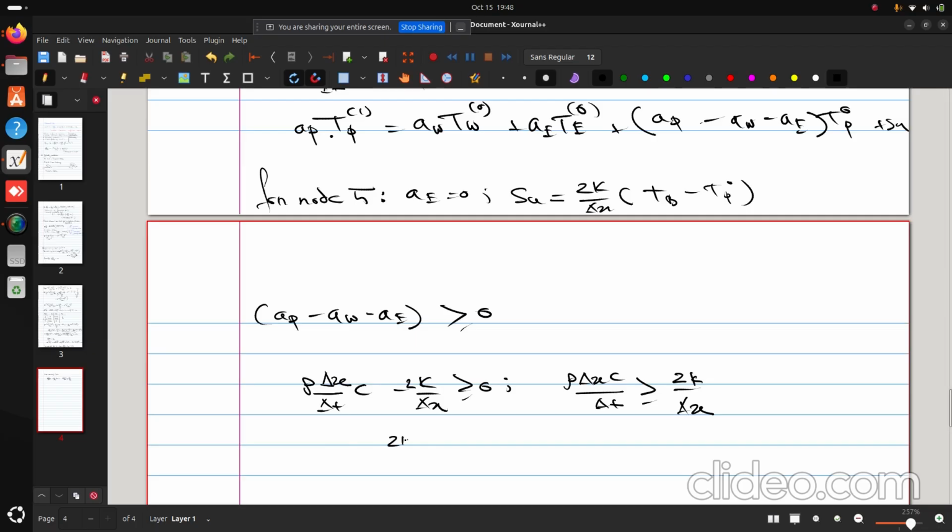So we'll take delta t to the right hand side, so delta t should be less than or equal to rho delta x whole square c by 2k.